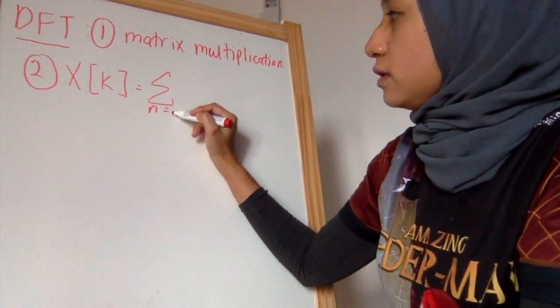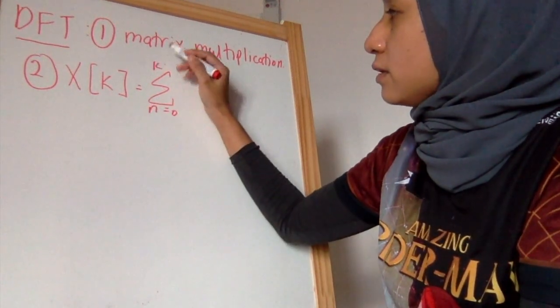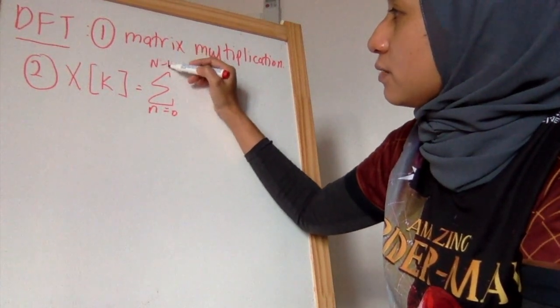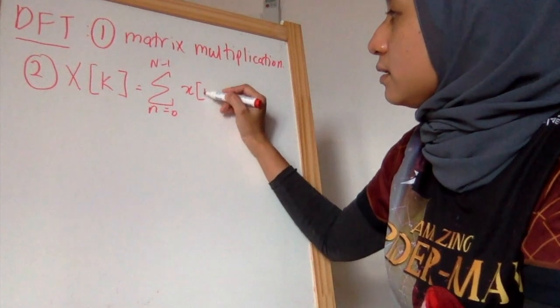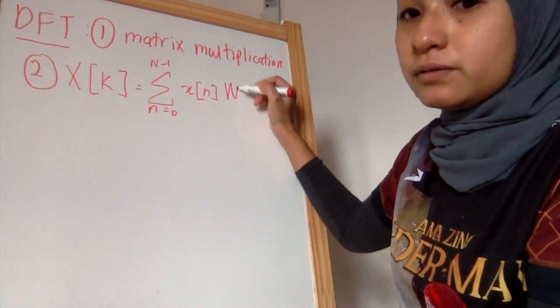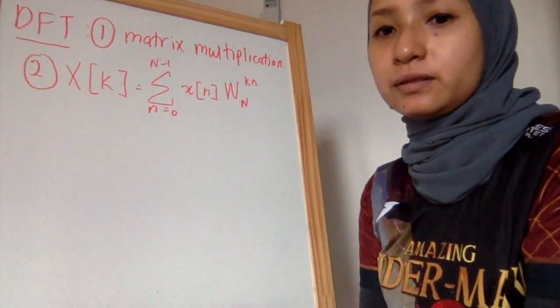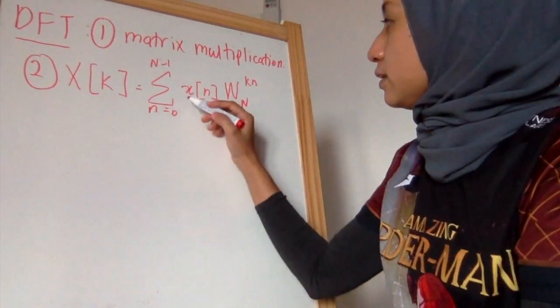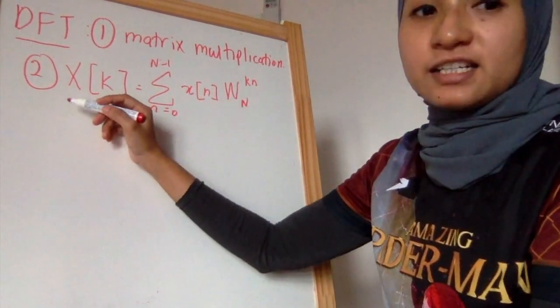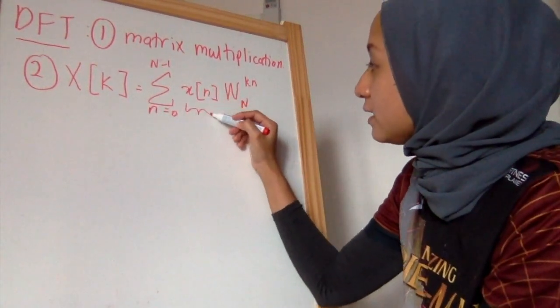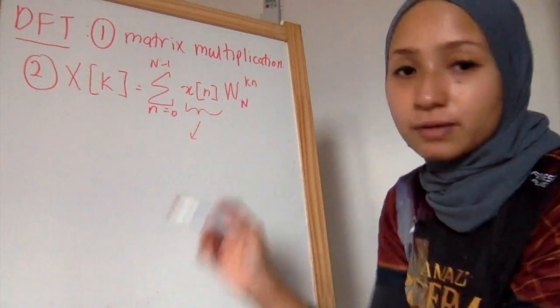The sum over n from 0 to capital N minus 1 of s[n] W_N^{kn}. This is actually your analysis equation. Your s[n] is coming from the question.